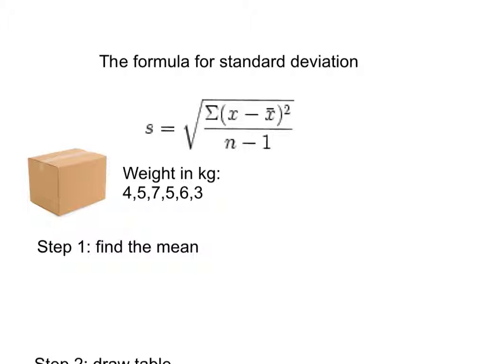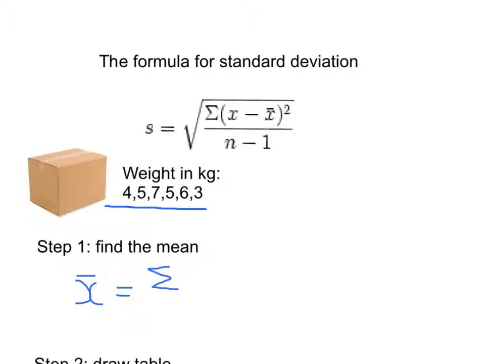For this first example, we're going to use these weights for the boxes, and we'll go through this step by step. So first of all, I want you to find the mean. To find the mean, as usual, you'll find the sum of all the values and divide by n, the number. We can actually write this in this format with sigma.